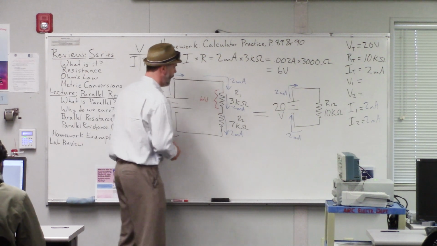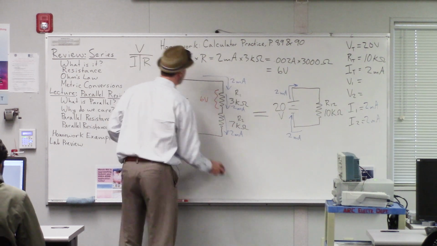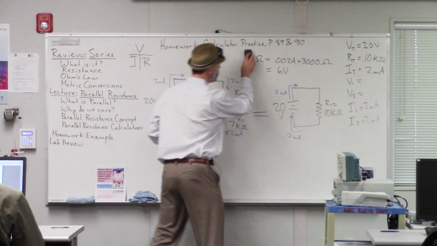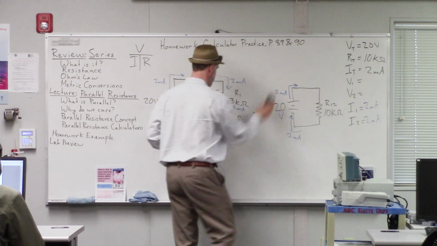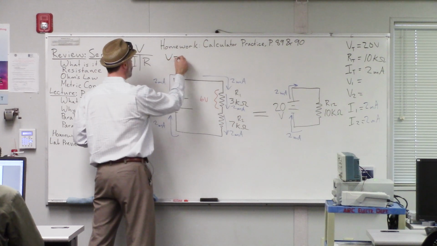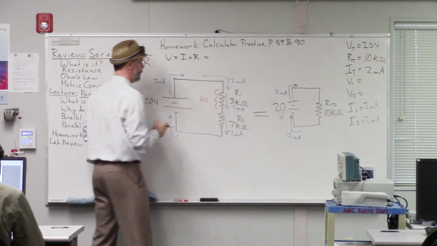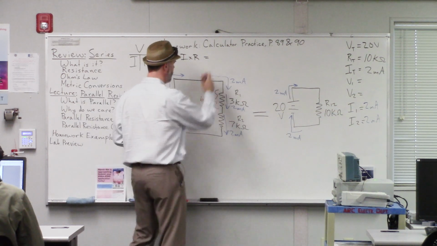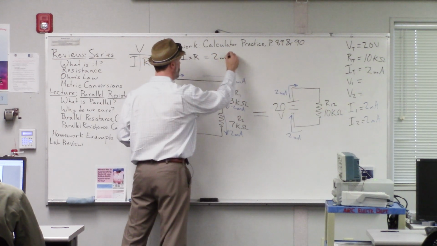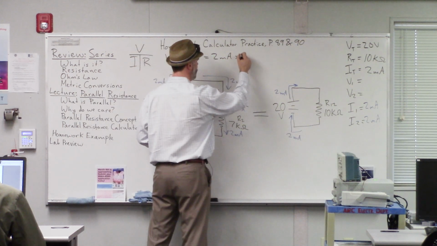And then we can do the same thing for R2 down here. So we can say V equals I times R. So what is I here? Exactly, 2 milliamps. And then R, 7 kilo ohms.